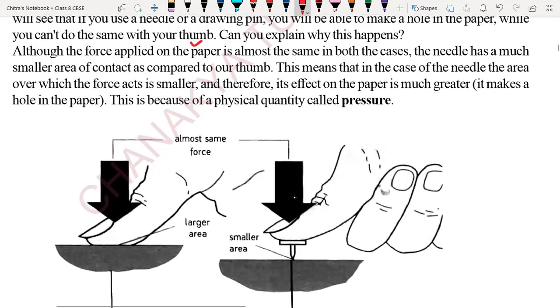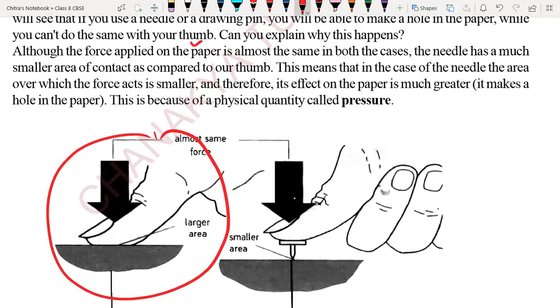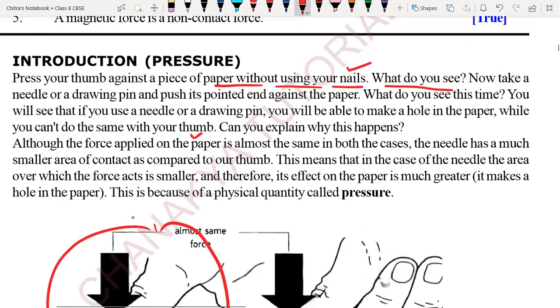See, in the first example over here, we are pressing the paper with our thumb. So what do you see? Our thumb is not going to penetrate the paper, right?